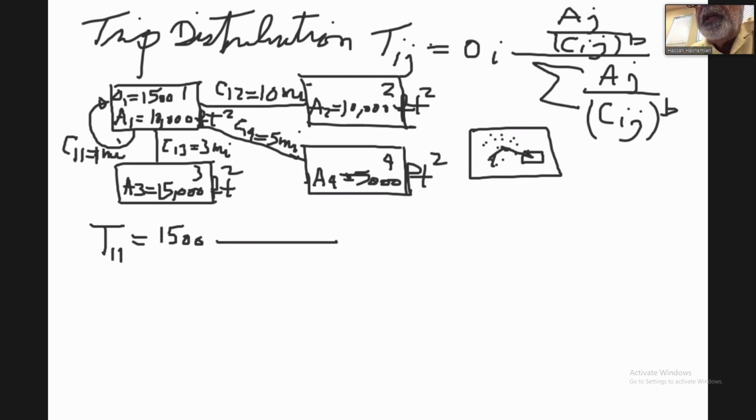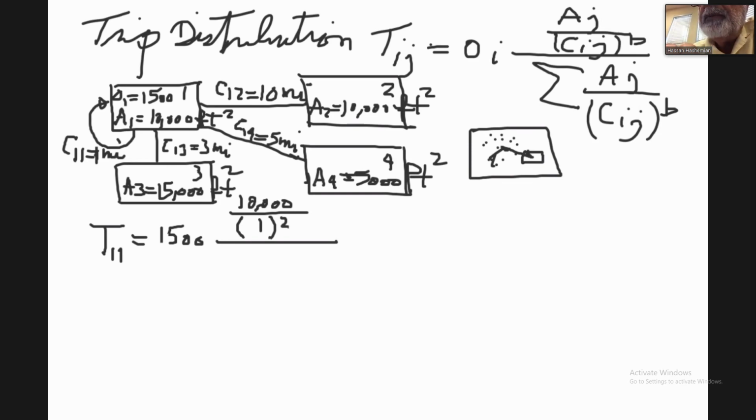So A1 is 10,000 square feet, and that is divided by Cij. That will be C11 because you're going from zone 1 to shopping center 1, so that is 1. And for shopping trips, I told you last time, for B we are assuming 2. So that will be the numerator.